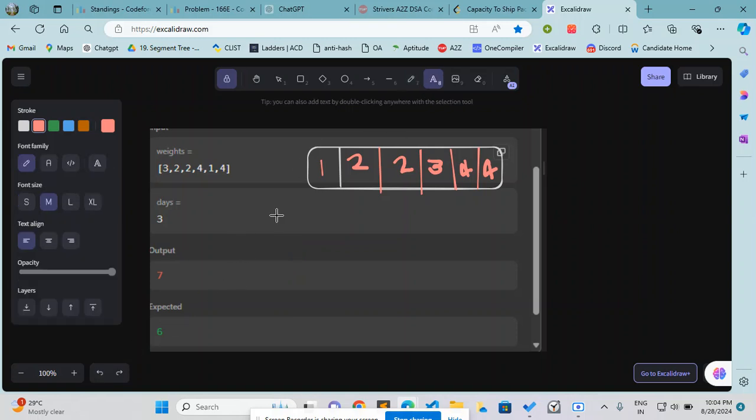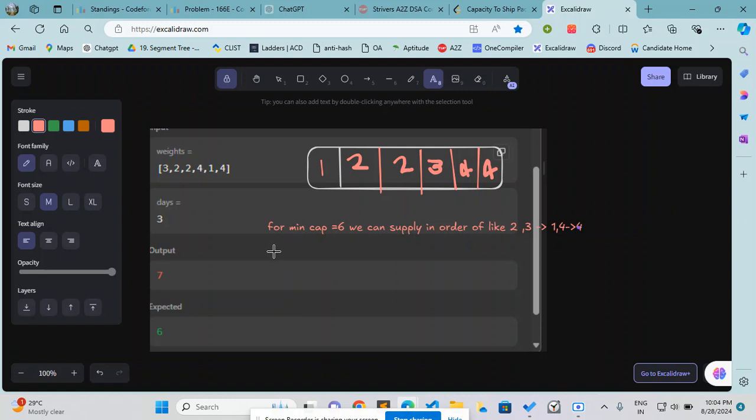The minimum capacity will be the maximum capacity of 6, we can supply in order like 2 and 3, then 1 and 4.